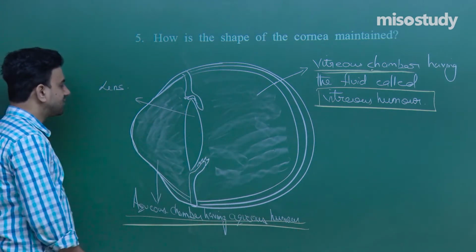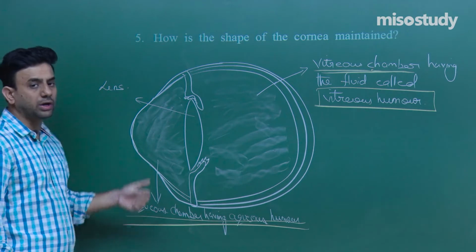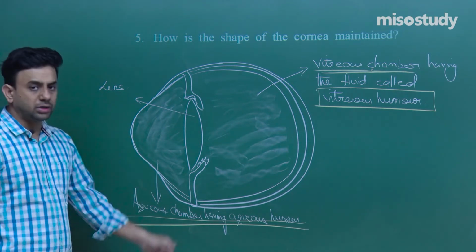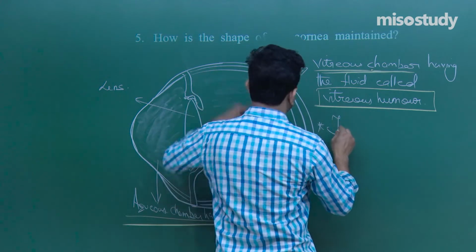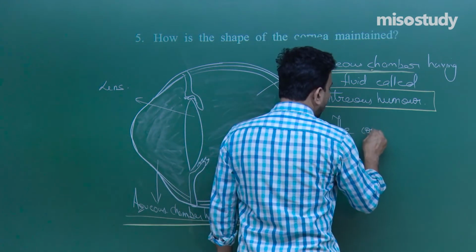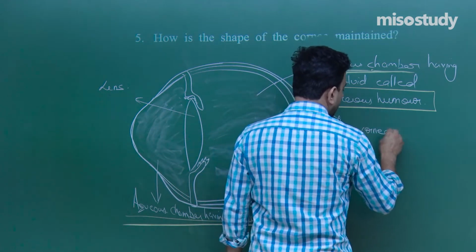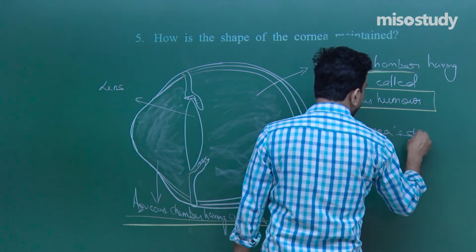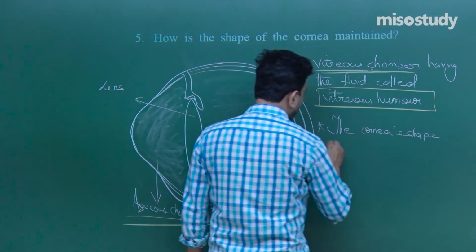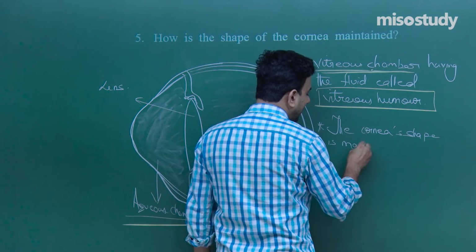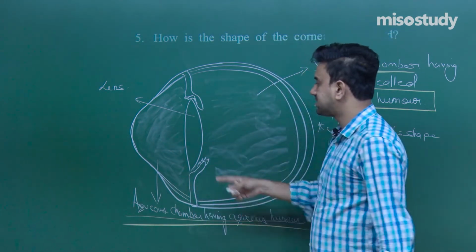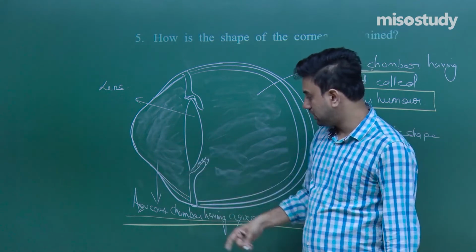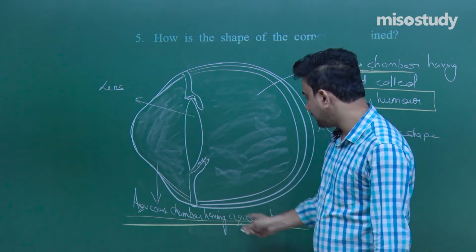Right, this is the lens, and hence we see that this is the cornea, and thus the cornea's shape is maintained by this fluid called the aqueous humor, the aqueous chamber having the aqueous humor.